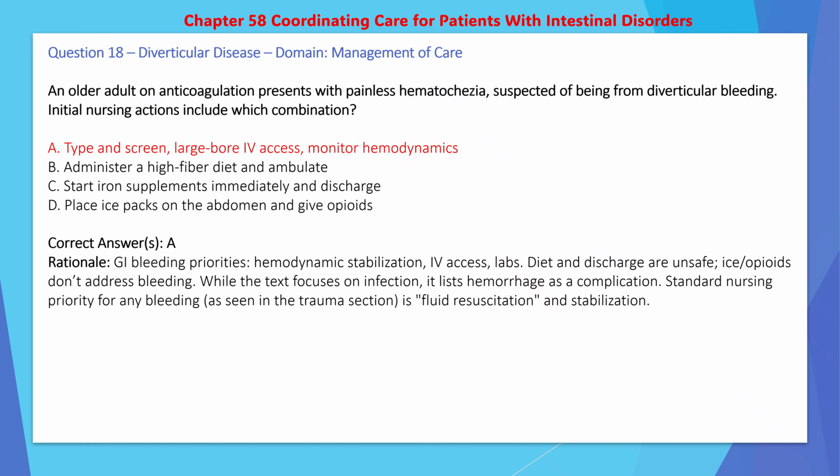Opioids don't address bleeding. While the text focuses on infection, it lists hemorrhoids as a complication. The standard nursing priority for any bleeding, as seen in the trauma section, is fluid resuscitation and stabilization.